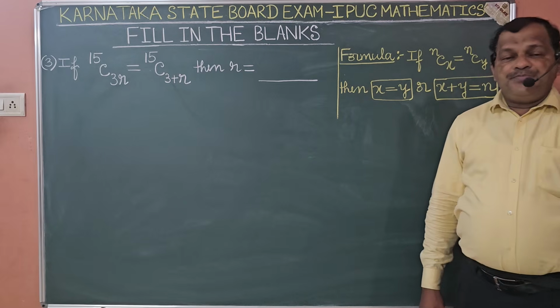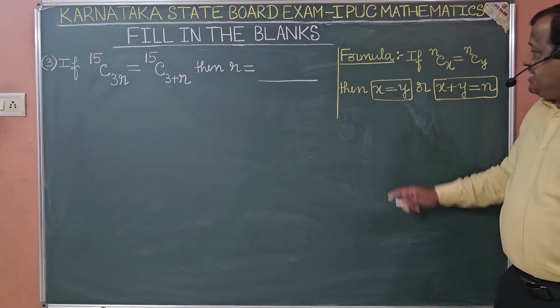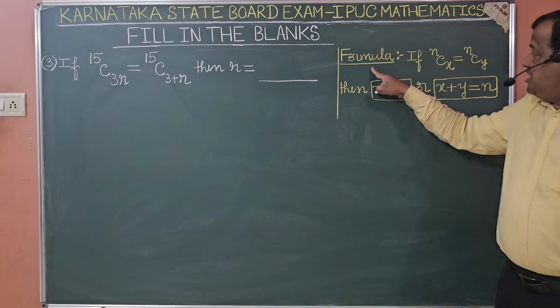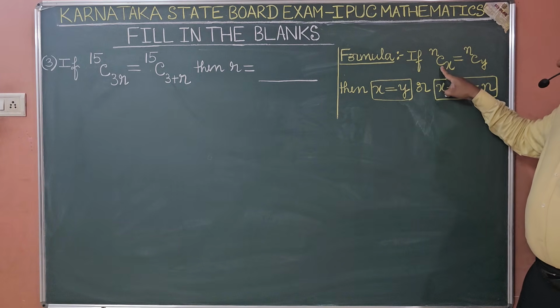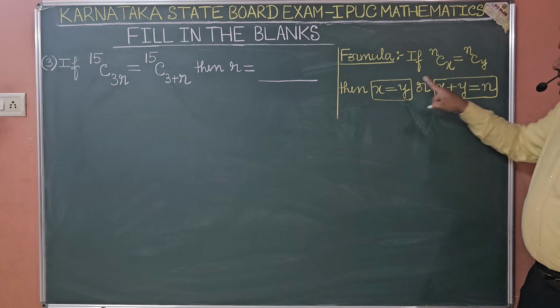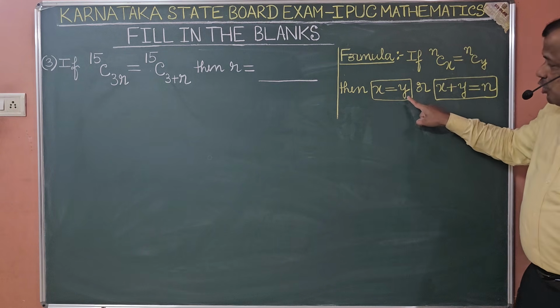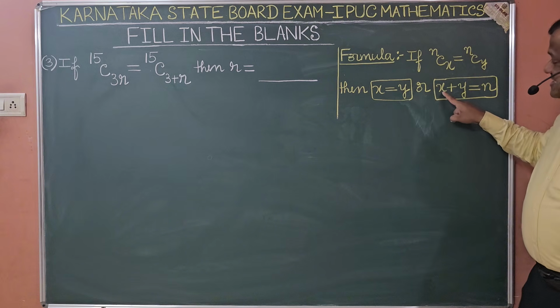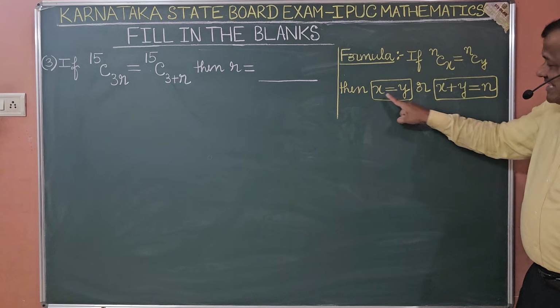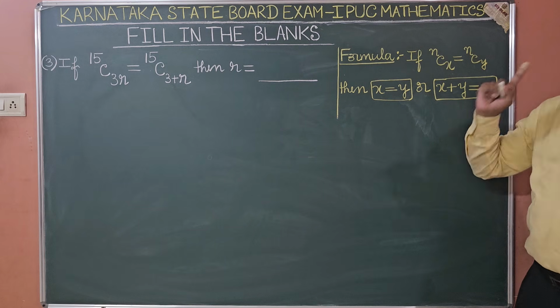Okay, now listen. So here I have written the formula. If nCx is equal to nCy, then either the suffixes are equal, x is equal to y, or sum of the suffixes x plus y is equal to n should hold good.